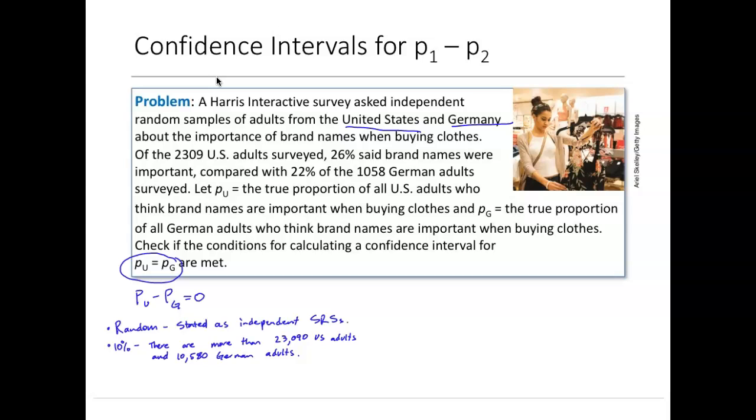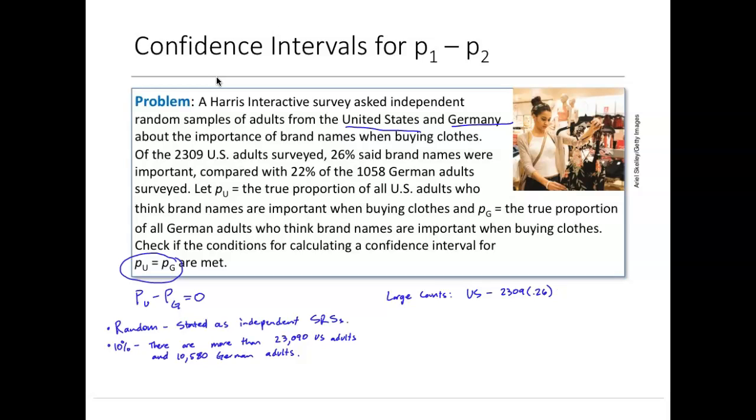Good, and then large counts, we just have to do for both. All right, so I'll do my US sample here, which is N times P hat. So that's 2,309 times 0.26. That's definitely greater than 10.